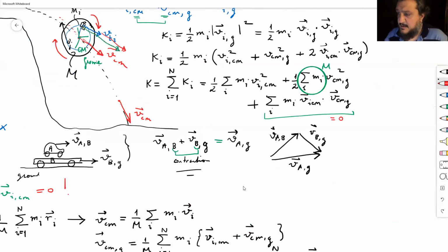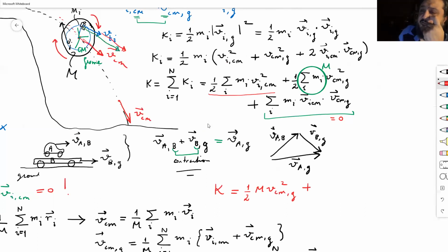So what does that mean? It means the kinetic energy can be written as, okay, let's start with the second term here, 1/2 mass times the center of mass velocity squared, plus, now we have the first term, 1/2 sigma i m_i v_i,cm squared.